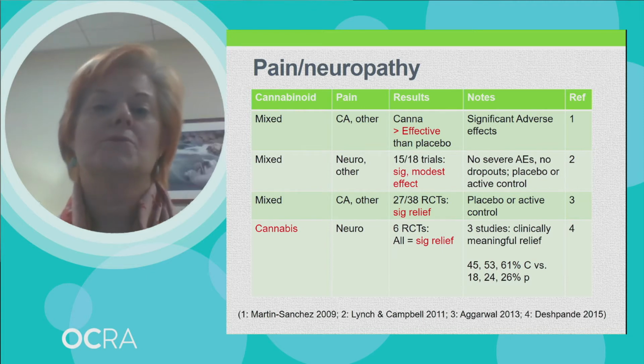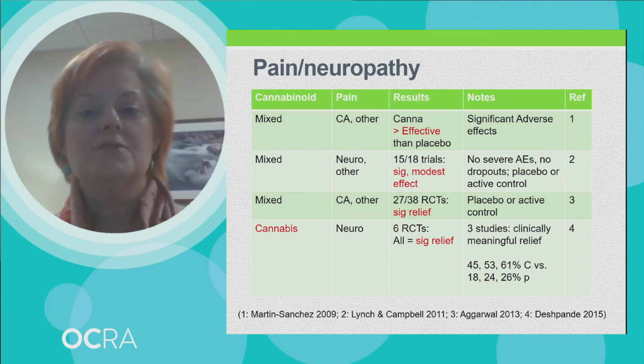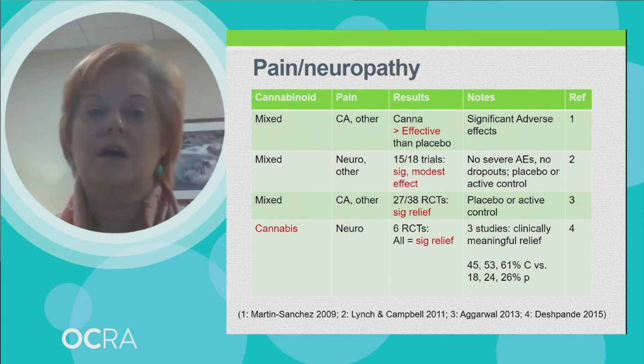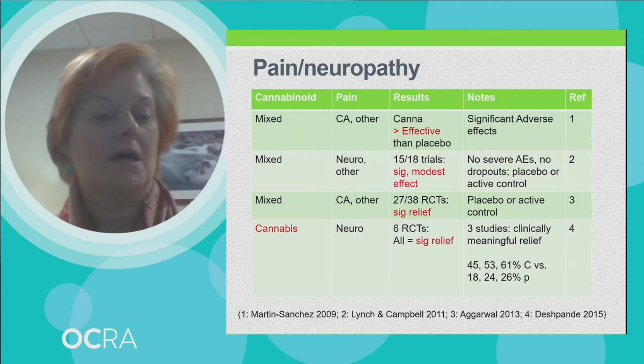And all 6 of the randomized control trials showed a significant relief from pain. And 3 of those studies had what was considered clinically meaningful relief. So clinically meaningful is where the effect of the cannabis was more than twice that of a placebo. So I've showed you those percentages there. So cannabis may be effective at helping with pain and neuropathic pain.